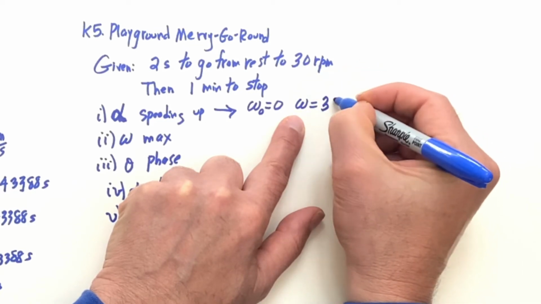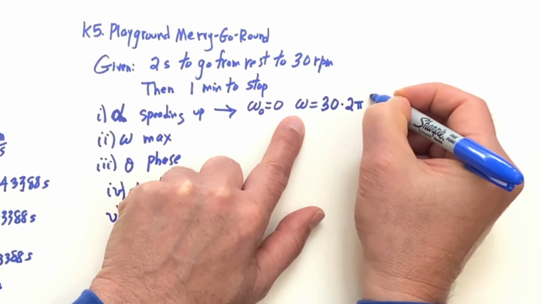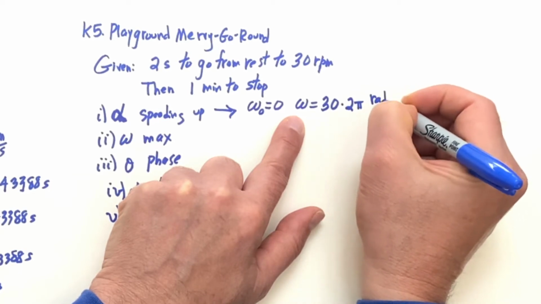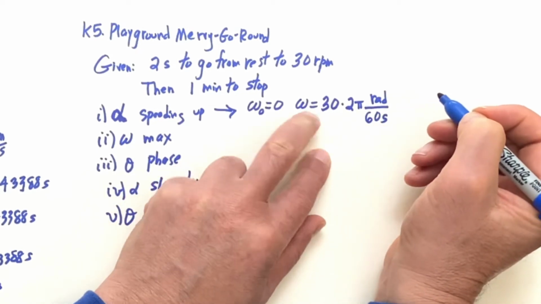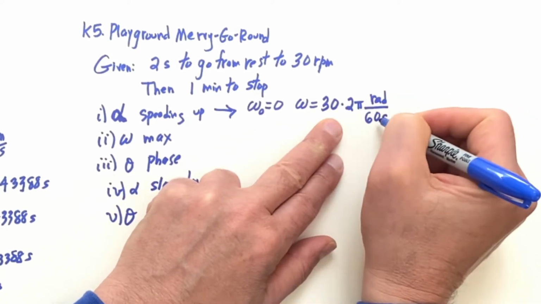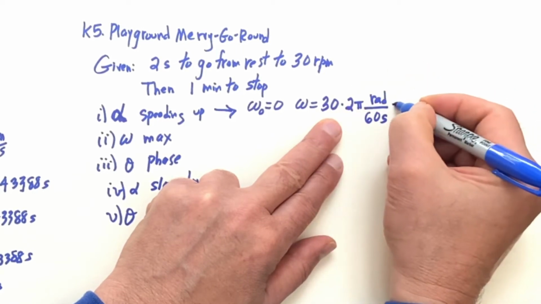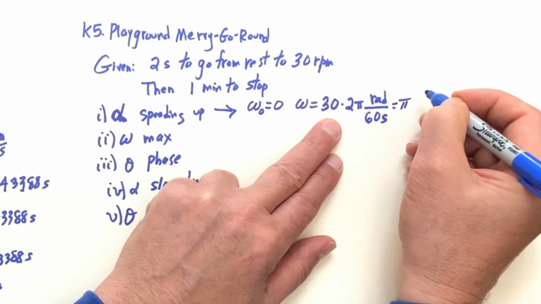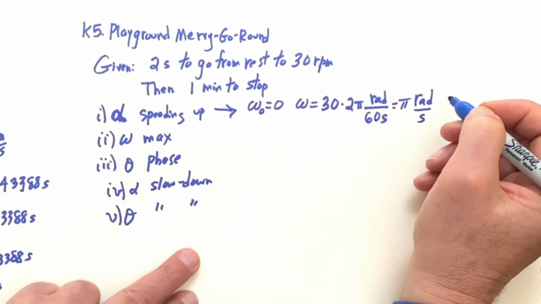So this is 30 times 2 pi, and that's rads per minute, so I need to put 60 seconds down there. So 2 times 30 is 60, so the 60s cancel, and I get pi radians per second.